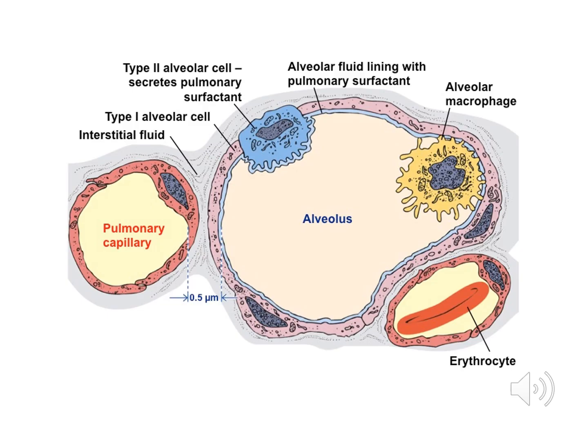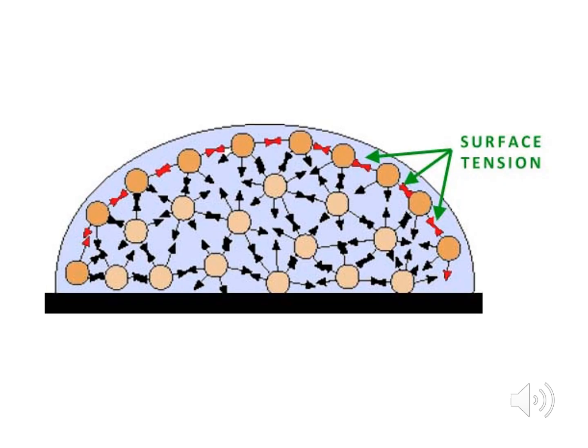It kind of makes the alveolus tend to collapse. Surfactant helps interrupt the surface tension between the molecules on the surface of the liquid. It interrupts that attraction so that the molecules don't need to be that close together anymore. And that prevents the inward pull on the alveoli and helps the alveoli stay expanded instead of collapsing.